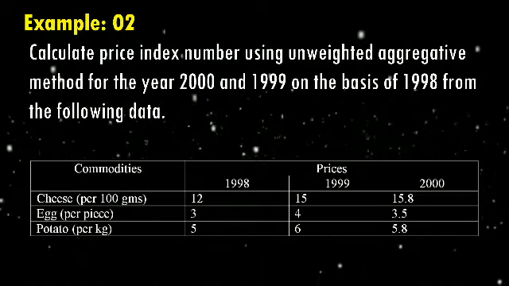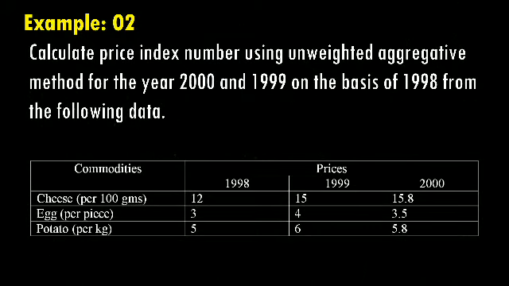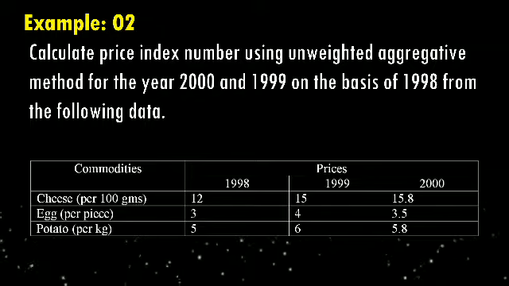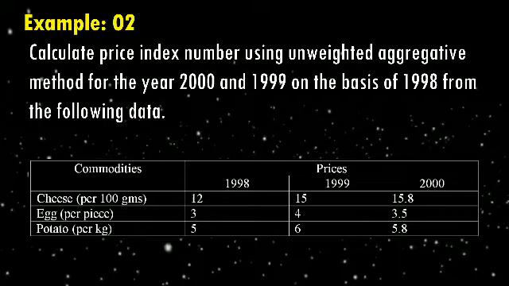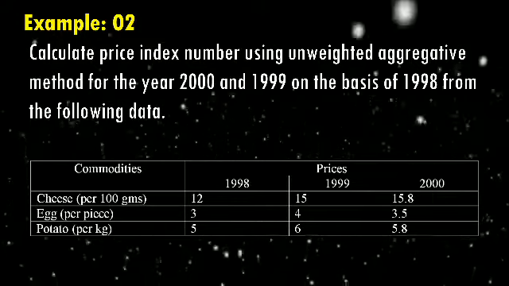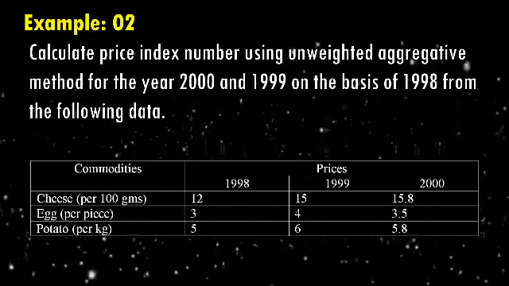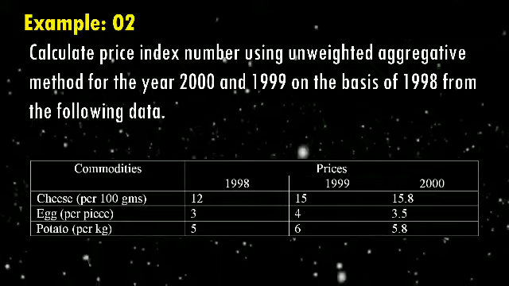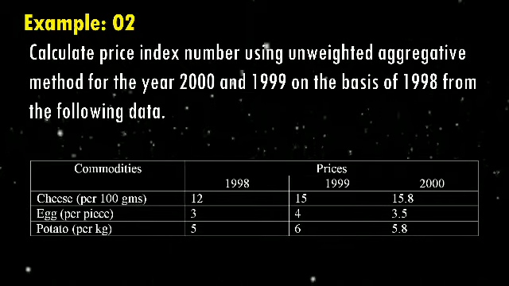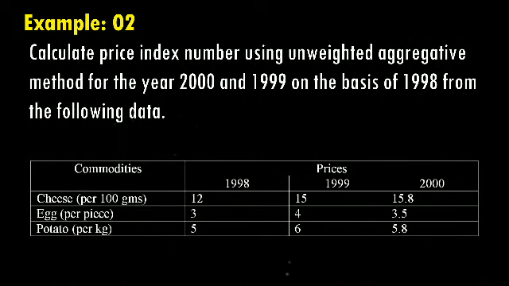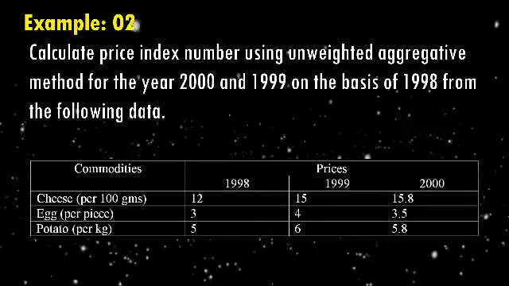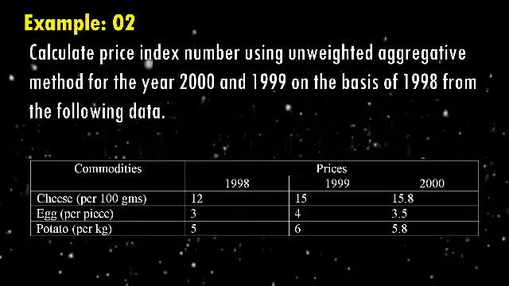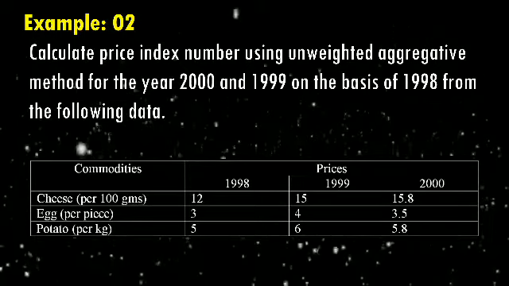Again, in order to find the index number for the year 2000, the base year is fixed, which is specified in the question, that is 1998. So 1998 will be your base year and 2000 will be the current year. So in order to find two index numbers for the year 1999 and 2000, you should compute two index numbers with respect to the base year, that is 1998. As you all know, the base year price values are denoted as P0.